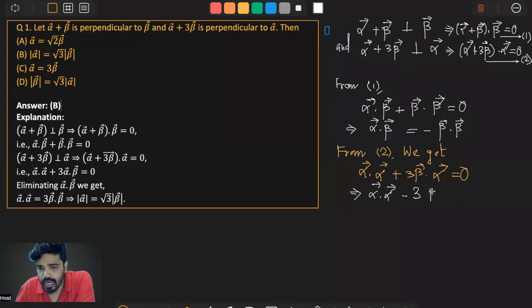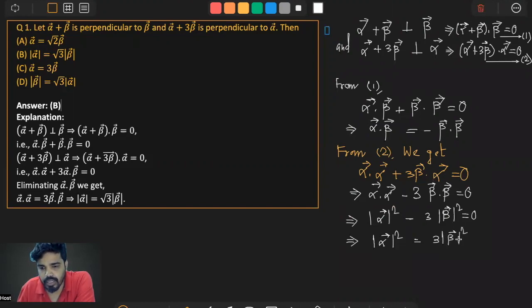So we can write alpha dot alpha minus 3 beta dot beta is equal to 0. Alpha dot alpha means modulus alpha square, and beta dot beta is modulus beta square. So what we get? Modulus alpha square is equal to 3 modulus beta square.